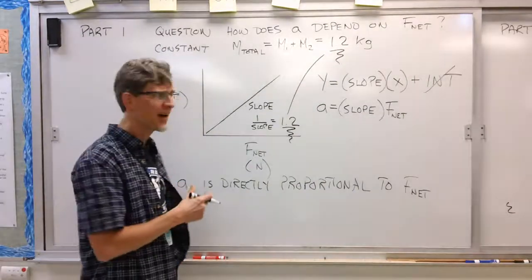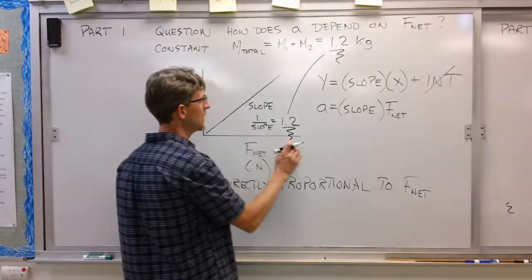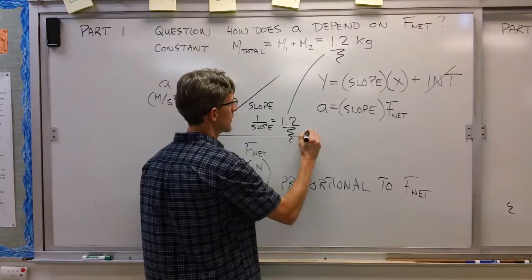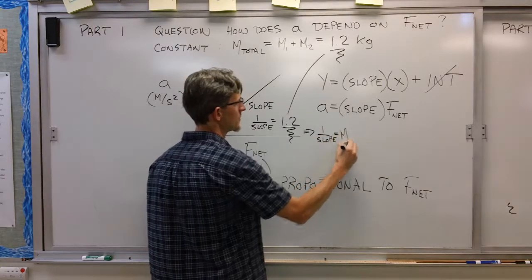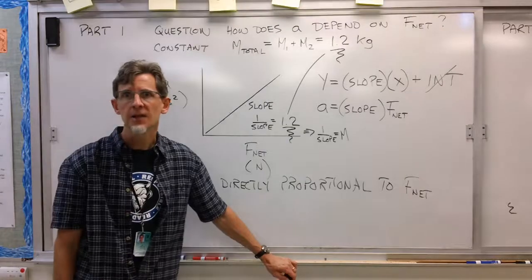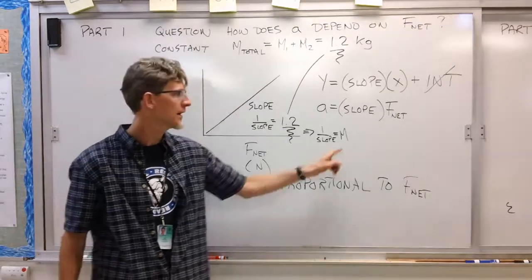So I'm going to make a hypothesis here based on this. I'm going to hypothesize that maybe 1 over slope is equal to mass. Right? It seems to be. It seems like if I take the inverse of that slope, I'm getting the mass.